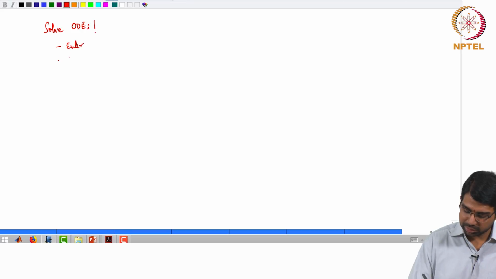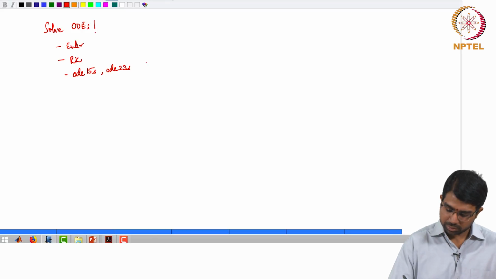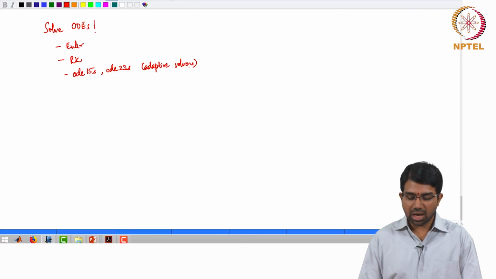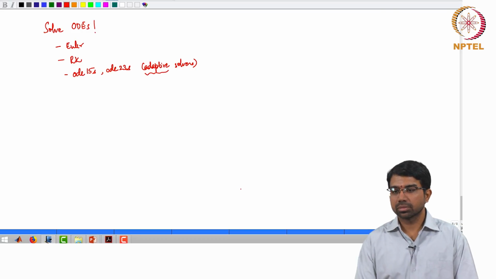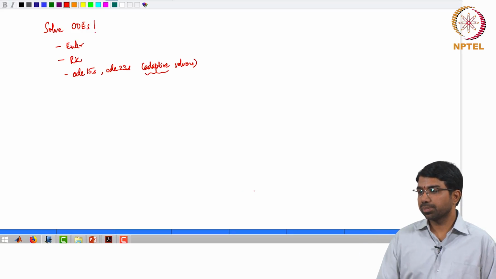You have Euler methods, you have Runge-Kutta methods, or best, what is adaptive? Varying scale to adapt, varying delta t, right.